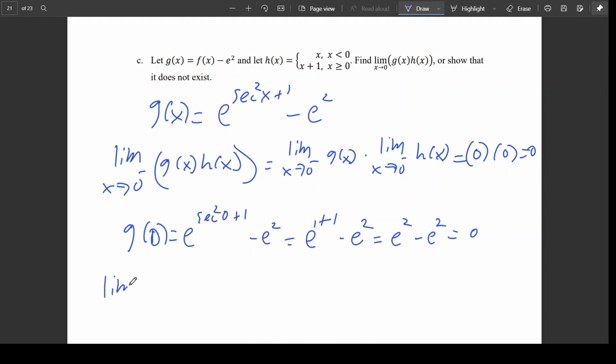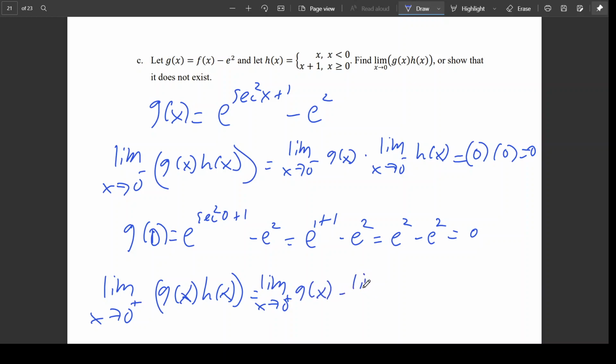Now I can do the same thing from the right. The limit of g of x times h of x is going to equal the limit from the right of g of x times the limit as x approaches 0 from the right of h of x, and just like last time, this guy is going to equal 0, right?